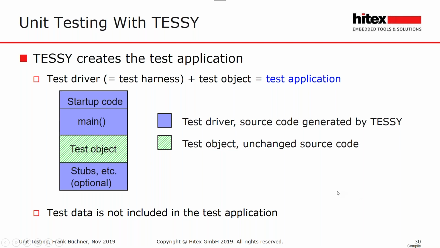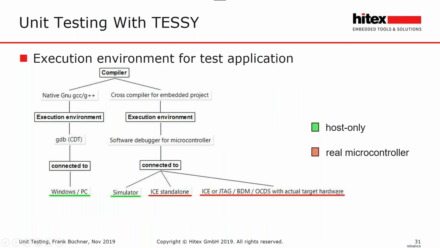There are mainly two possibilities for the compiler which you can use. On the left-hand side, you see the situation where we use a native GNU GCC or G++ compiler, and this compiles the test application to a Windows executable, and you can execute the tests on the PC without hardware for the microcontroller or whatever.